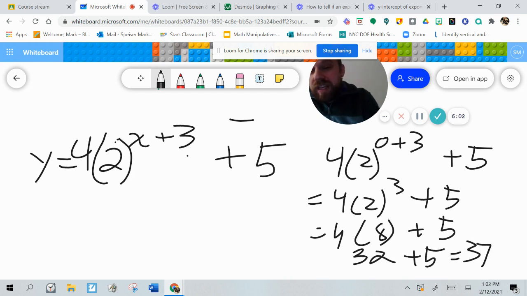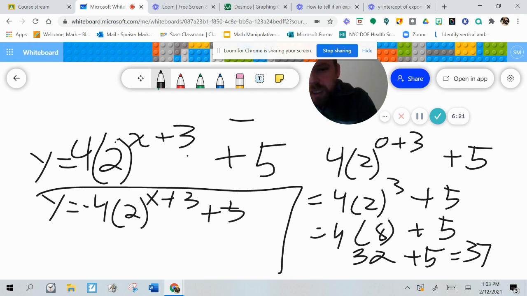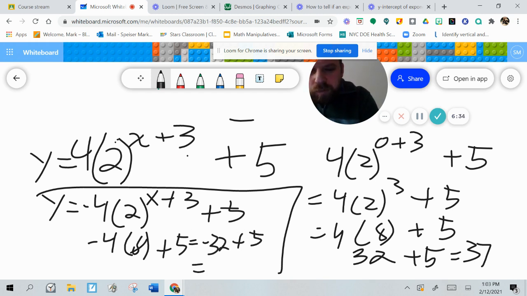And you do the same thing if it was negative. That would just make the multiplication a little different, and that would decrease it and flip the graph over. Because if this was negative, and that's what we'll wrap up, I'll flip the graph over, and you'd have negative 4 times 8 plus 5, which would be negative 32 plus 5, which is negative 27.